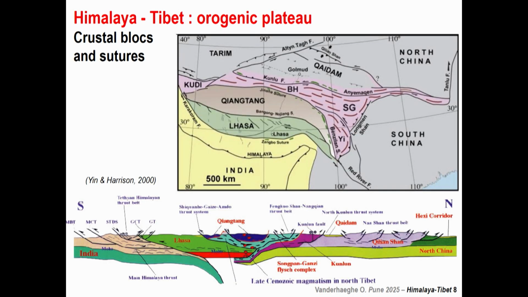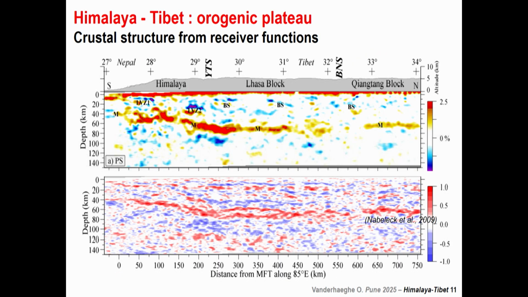You don't see such things. You see it here at the front, but as soon as you reach Tibet, pretty much everything is flat, according to geophysics. So you don't see these structures that go all the way down from the surface to the lithosphere. Again, except here, at the front.